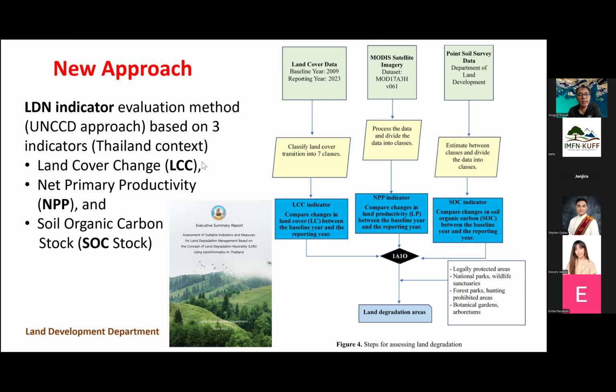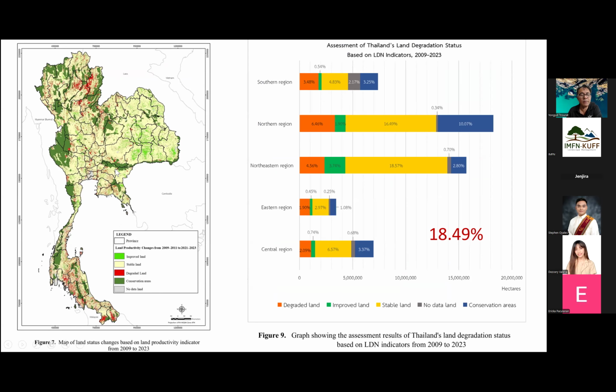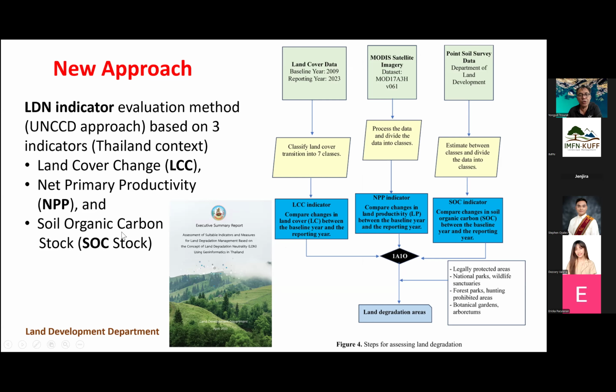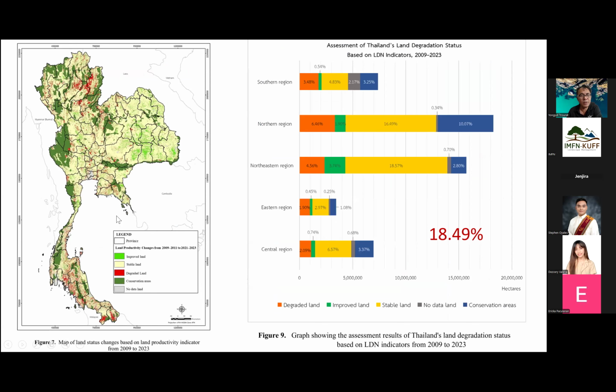So they have the 3 maps: land use land cover change, NPP, and SOC, and then they can calculate the overall LDN. They classify the assessment by region.